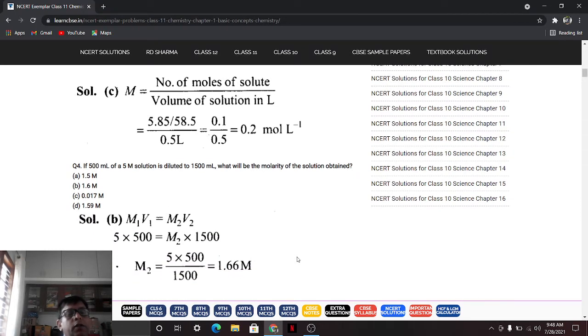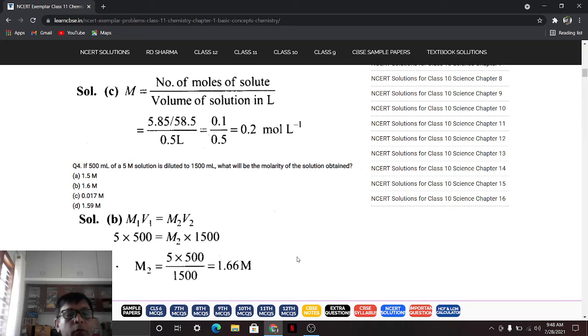If 500 ml of a 5 molar solution is diluted to 1500 ml, what will be the molarity of this solution? The options are 1.5 M, 1.6 M, 0.017 M and 1.59 M. Here, when doing such problems, you use the formula M1 V1 is equal to M2 V2.